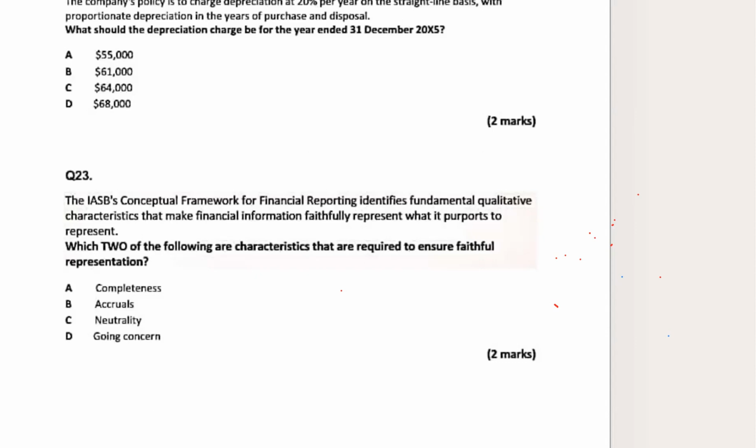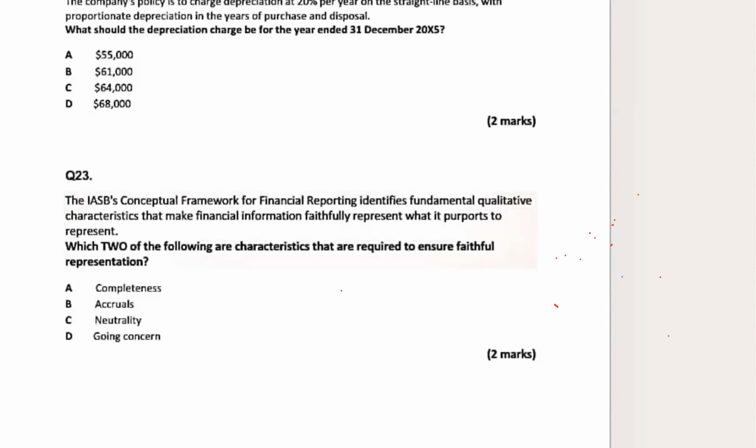Question 23 reads: The IASB's conceptual framework for financial reporting identifies fundamental qualitative characteristics that make financial information faithfully represent what it purports to represent. Which two of the following are characteristics that are required to ensure faithful representation?